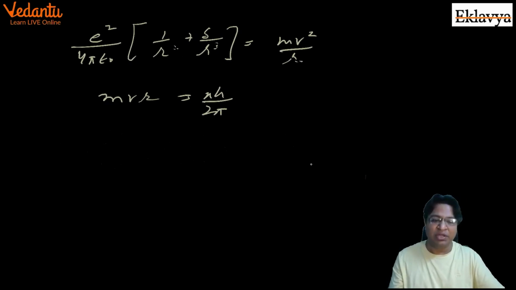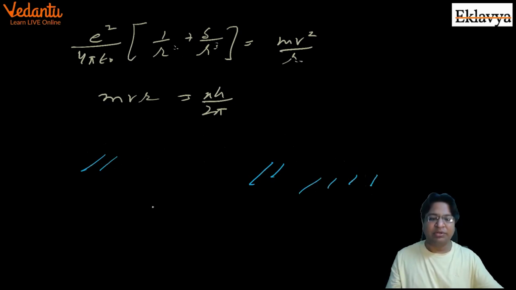V square would be n square h square by 4 pi square, and then m square r square. So what happens is that m gets cancelled, one r gets cancelled. Let me take this r on the other side, and also this 4 pi gets cancelled, so this 4 is gone, this pi is gone. So let me take r on the other side.